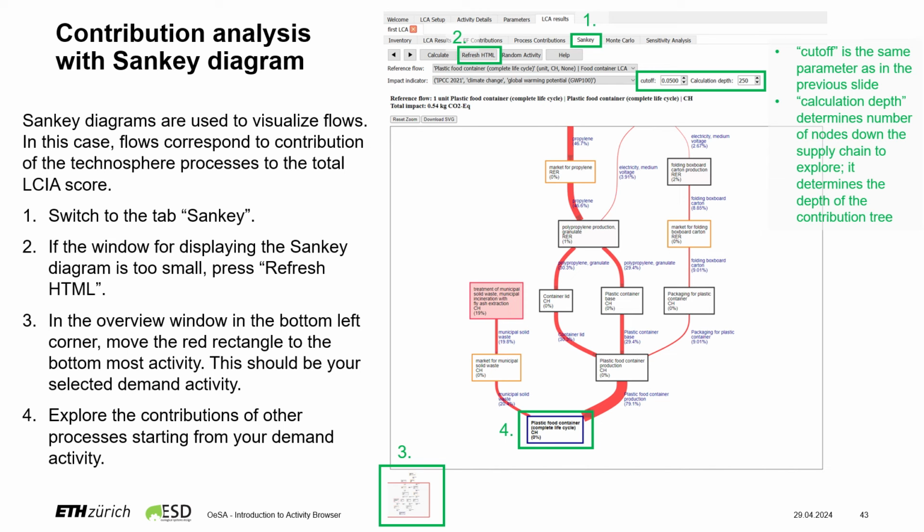And you can follow it, and you can see that the impacts are mostly coming from producing the container lid and the plastic container base. And both of these are coming from the polypropylene production. So you can see the tree, and you can analyze a bit where your impacts are coming from.